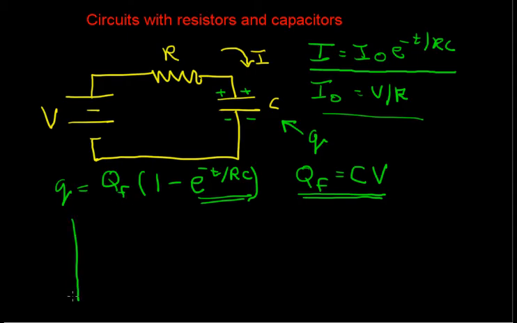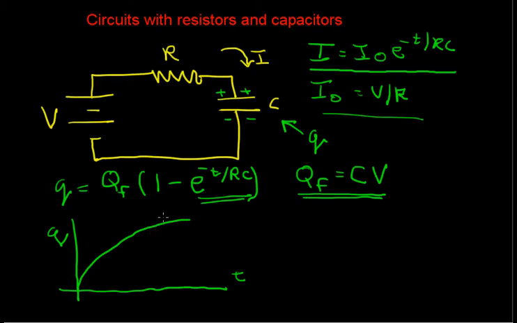And so if you do a graph of little q versus time, it would look like this. I don't know if you've seen an exponential function that looks like that, but that's what it would look like.